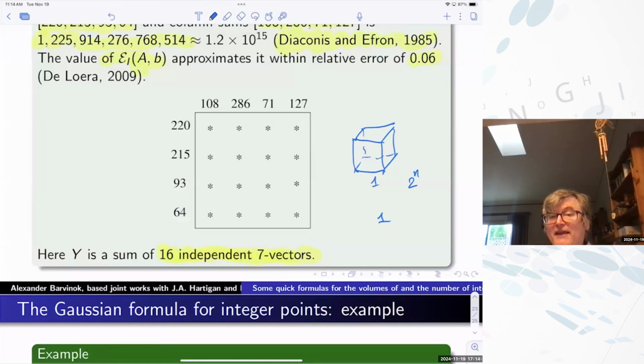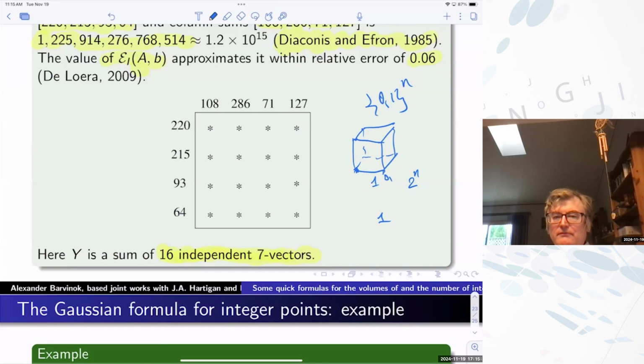The point is that in higher dimensions, the volume is concentrated in the neighborhood of the boundary, and the boundary of the boundary. So the volume is generally a poor estimate in high dimensions for the number of integer points.